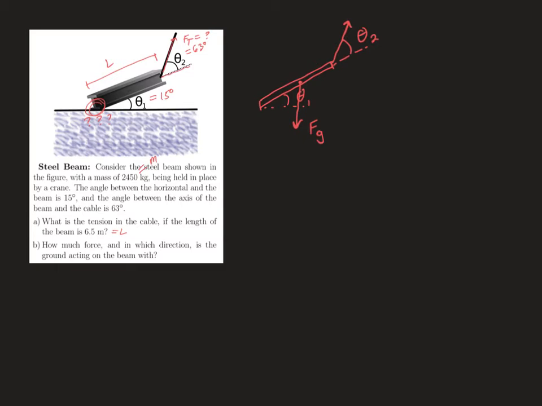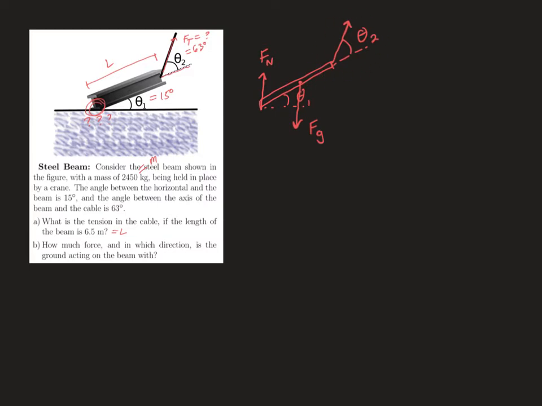So in this case, because it's sitting on the ground, I kind of feel like I want to call the upwards part of that the normal force, because it seems natural. But of course, the beam could be sliding back and forth on the ground as well, right? So there could be a force of friction. In fact, if you look at the picture, the beam would totally be going in towards the right if the crane really was lifting at that angle, right?